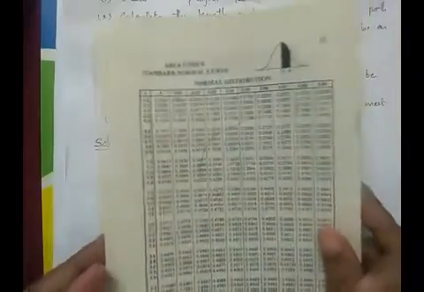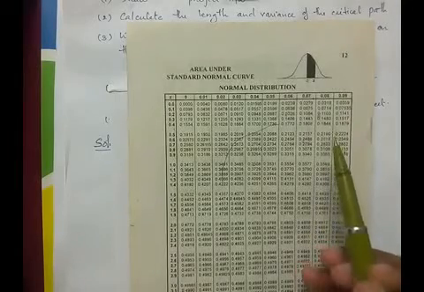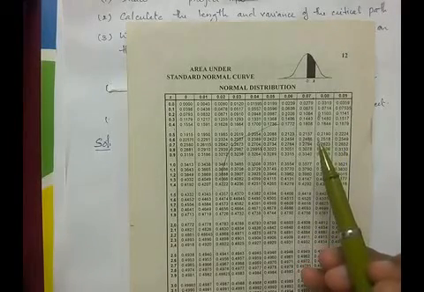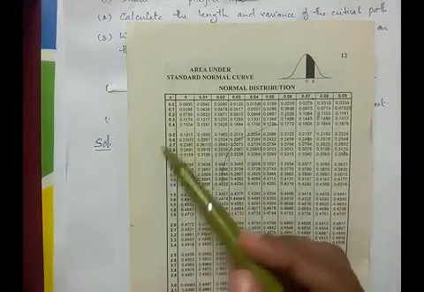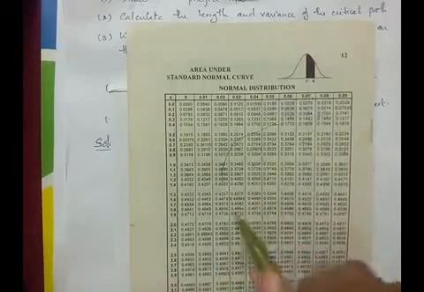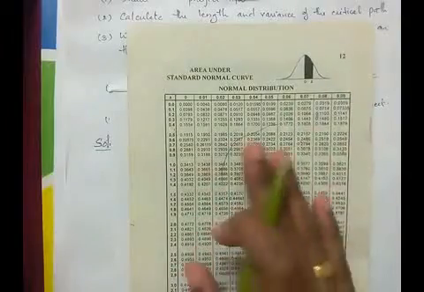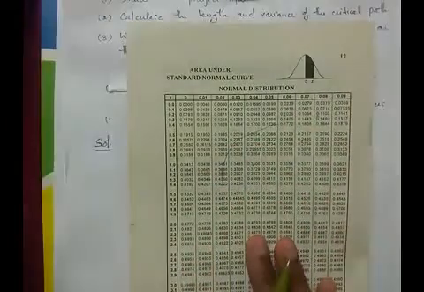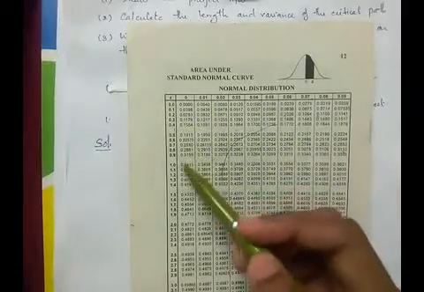In this table we have to find the area under Z equal to 1. The Z values are given in the row headings and column headings, and the values inside the table give us the area under the curve.